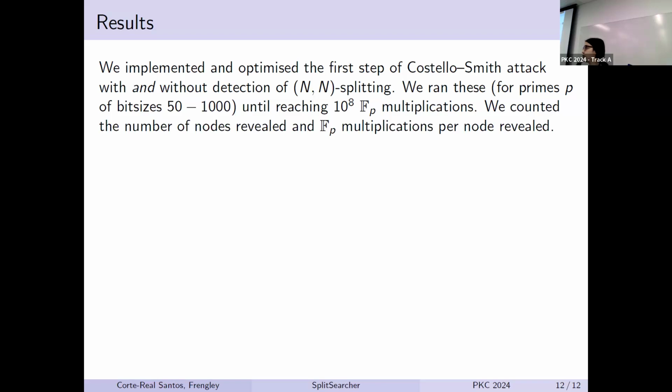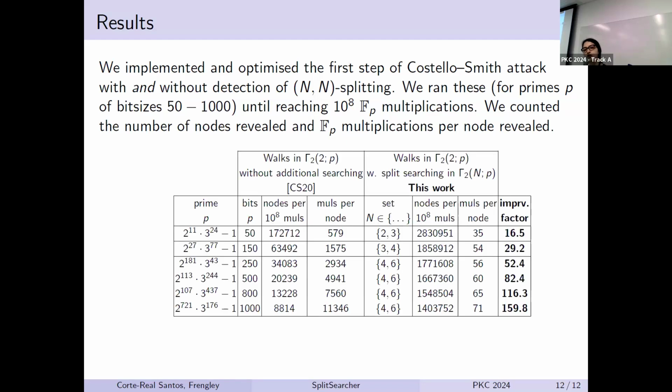To determine how much better our algorithms were, we counted the number of nodes that were revealed in the graph and the FP multiplications needed per every node revealed in the graph. This should help us determine how much better concretely our algorithm is. So here are our results.